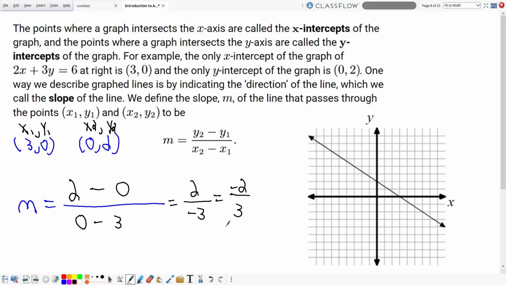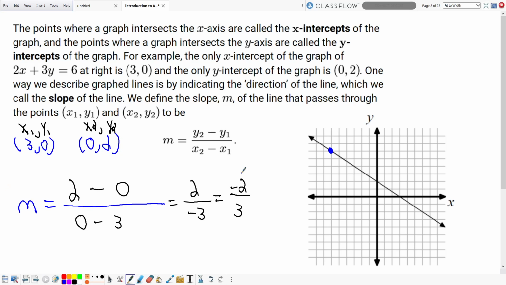And the reason that works is because if I take, let's say, this point right here. Let me do it in blue. This point right here. The slope determines the steepness and the direction of our line. So the numerator determines how we're changing in our y value.